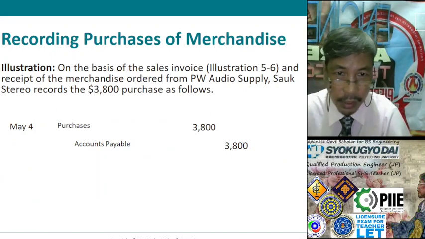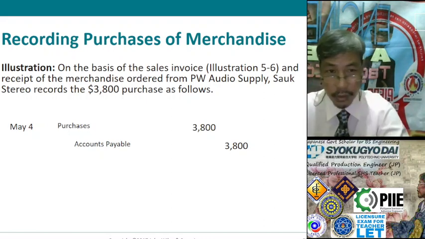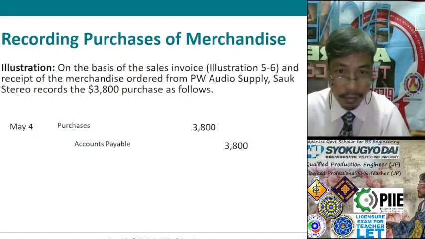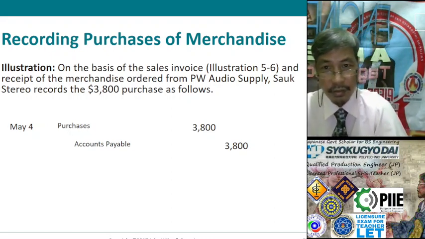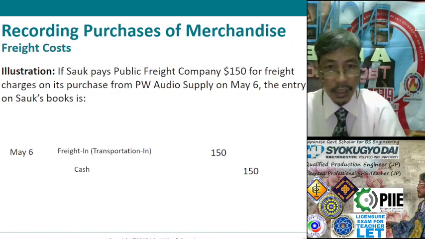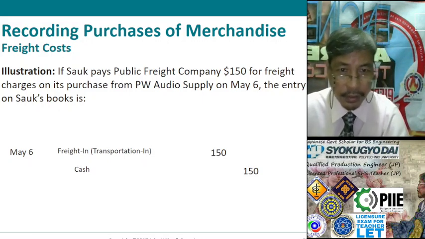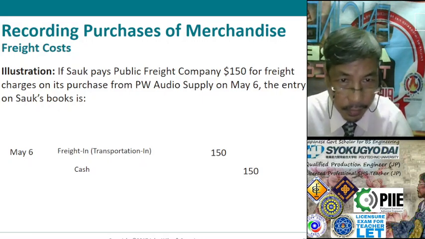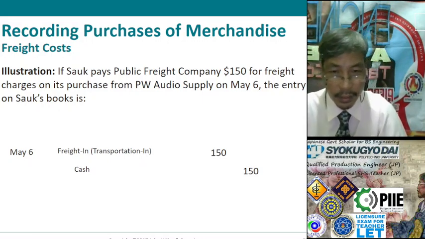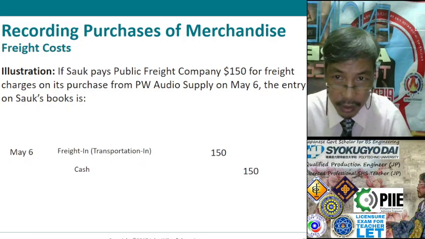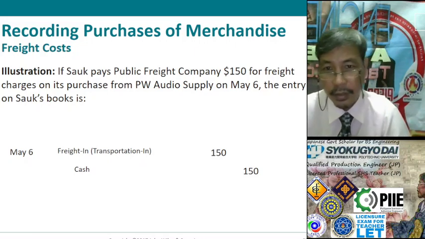So let us have an example on the basis of the sales invoice and receipt of merchandise from our previous example. So we have this accounting record: purchases 3,800, accounts payable 3,800. This is how we record it. If the company pays 150 for freight charges on each purchase from the supplier, the entry would look like this: freight in, transportation in, cash 150.